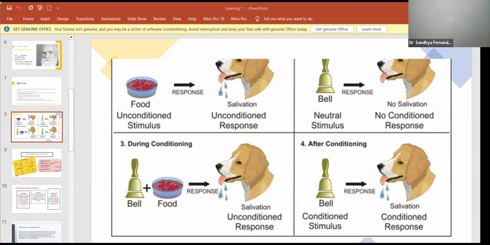Then what happened? Even without the food, when the bell was sounded, the dog started salivating. So the initially neutral stimulus is now transformed into a conditioned stimulus and conditioned response. Conditioned means learned. Conditioned stimulus and conditioned response. Okay.